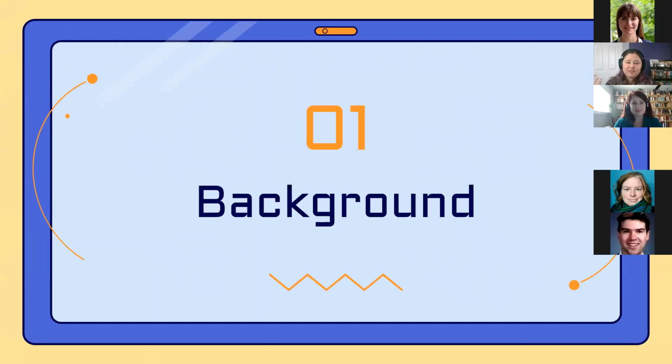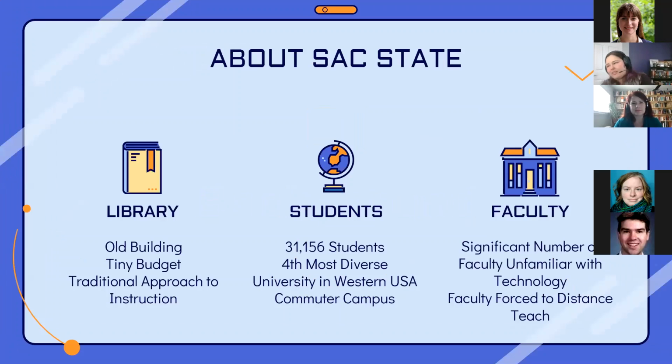Right, so let's start with some background information for those of you who aren't from our area. So this is Sacramento State. We call it Sac State. It's part of the CSU system, the California State University system. Our campus is located in the Central Valley of Northern California. We are a commuter campus, which means the vast majority of our students commute in.